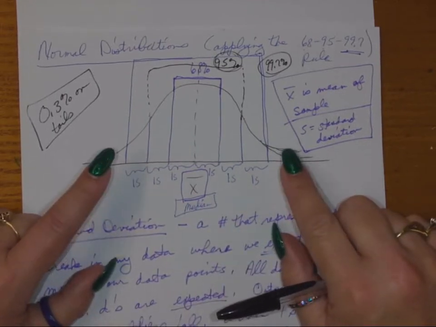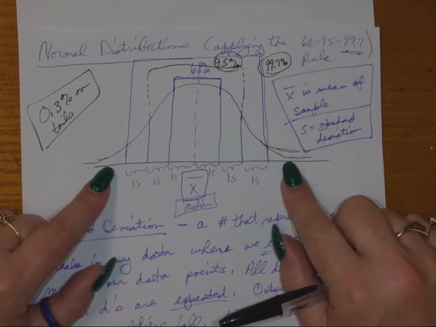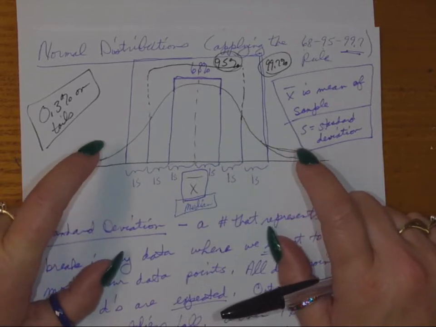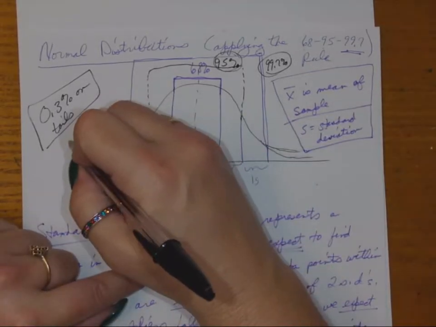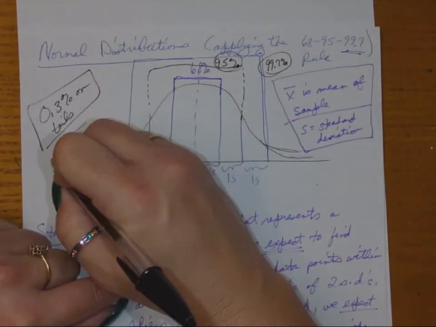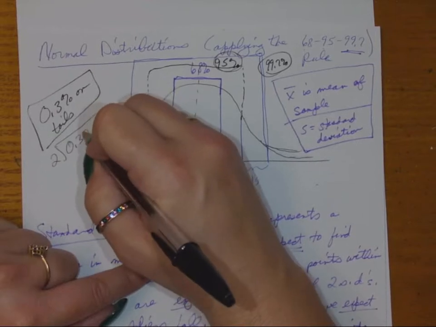So what does that mean as far as portions on each tail? It's 0.3 in the tails, but I want to know each tail. So if you would divide that by 2, right?